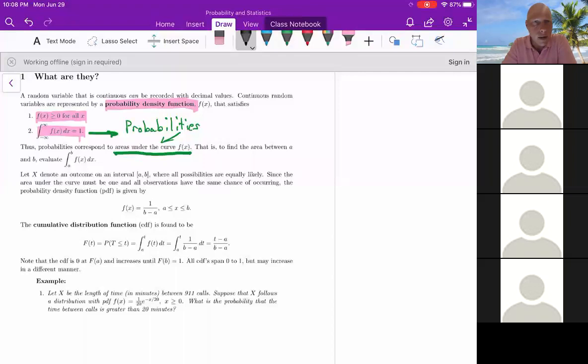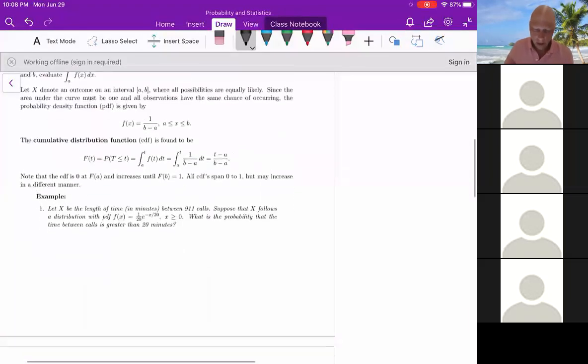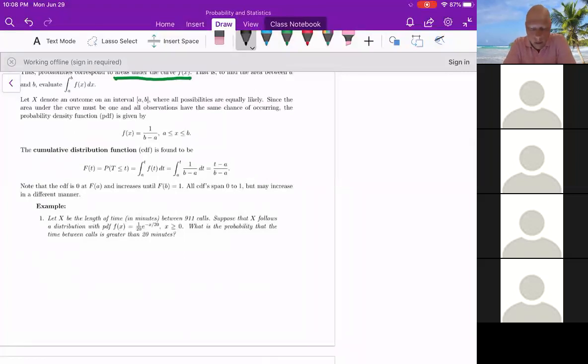If you wanted the area in between, let's say, some value A and B, then you're going to integrate from A to B over the f of x function, which is what I have on the next line. There is a well-known distribution function, or a PDF, that is given in the middle here. It is 1 over b minus a. And we're going to talk a bit more about that. This corresponds to what's called the uniform distribution.